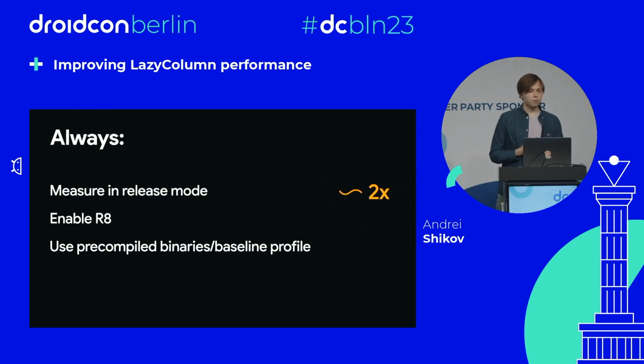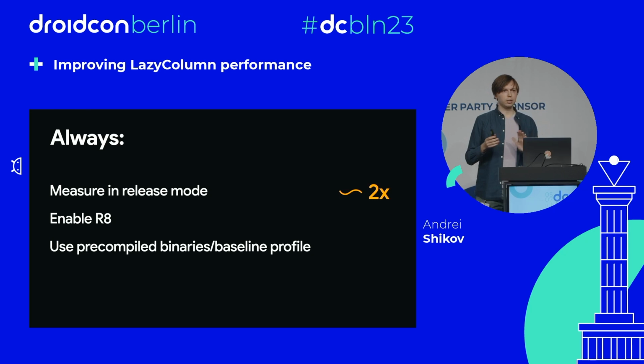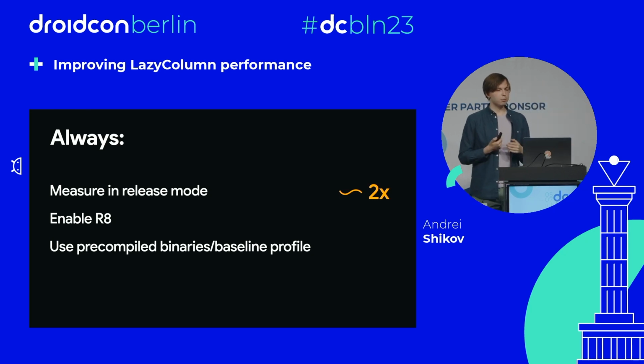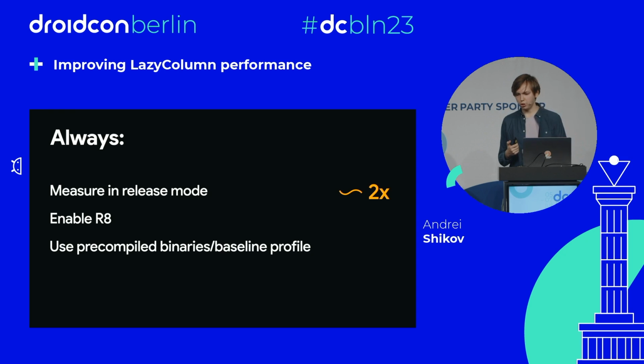For example, if you measure in release mode, you get a 2x speedup compared to debuggable. And the reason is not only some magic that Android runtime does, but also in Compose itself. Because Compose stores a lot of source information that is relevant for UI inspection and some other stuff that we use internally in the runtime to help you debug.